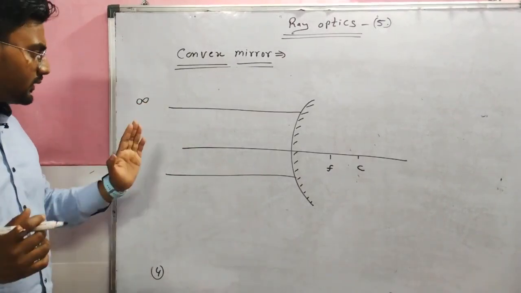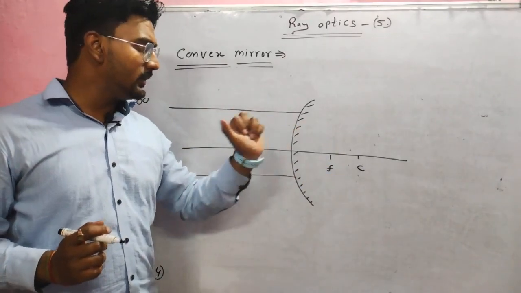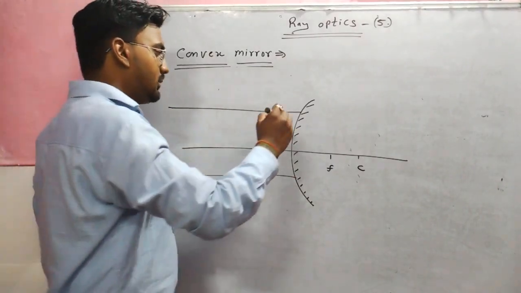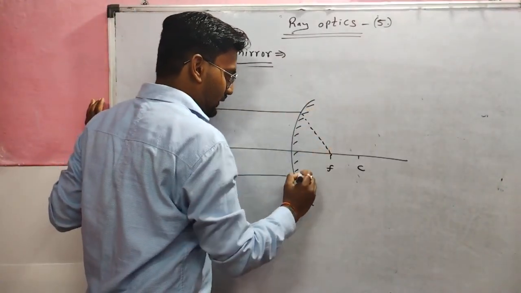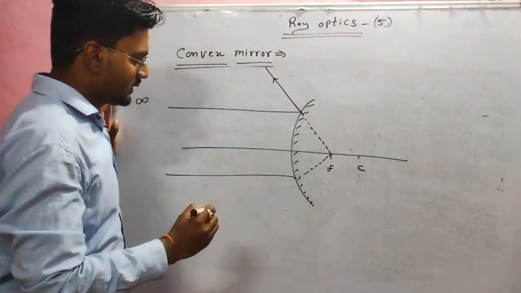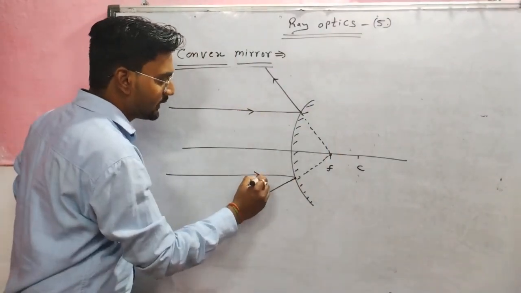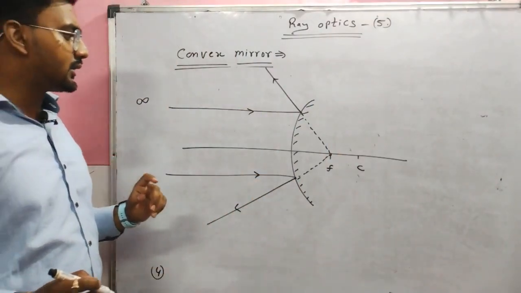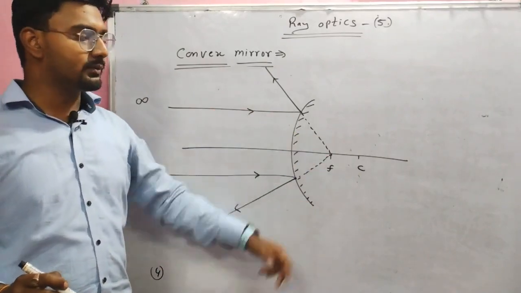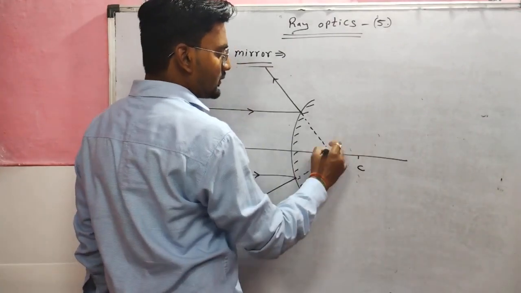So we see that when an object is placed, the image is formed diminished in size. But when the object is placed at infinity, then the image is formed at the focus. Why is this image formed at the focus? Because this light ray reflects, and this light ray also reflects, because when a light ray is coming parallel to the principal axis, after reflection it will appear to pass through the focus. That's why these divergent rays are reproduced backward, and they meet at a common point, and the image is formed here.